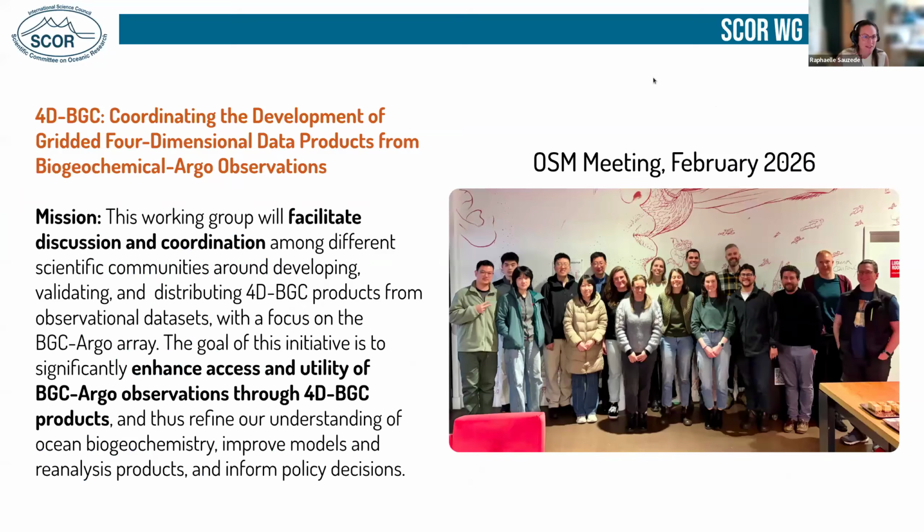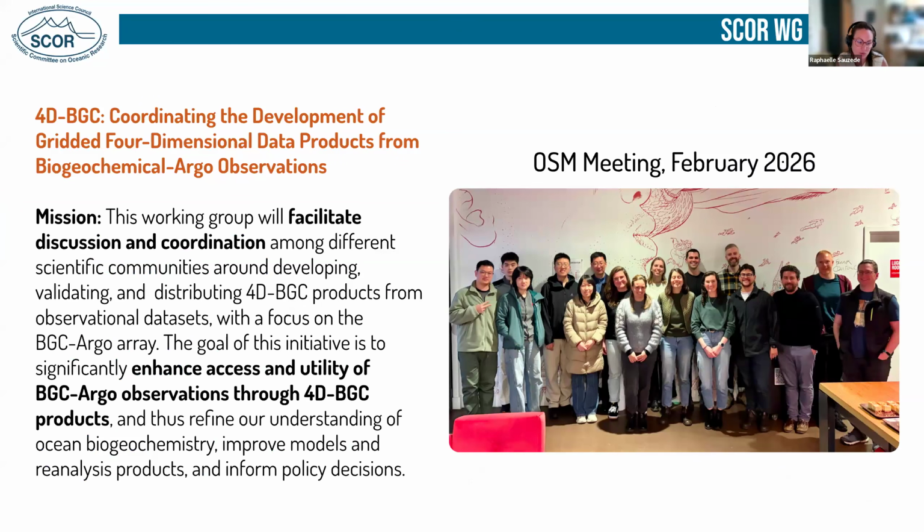This working group has the objective to facilitate discussion and coordination among the different scientific communities around the development, the validation, and the distribution of the 4D BGC products, with a focus on the BGC Argo array.